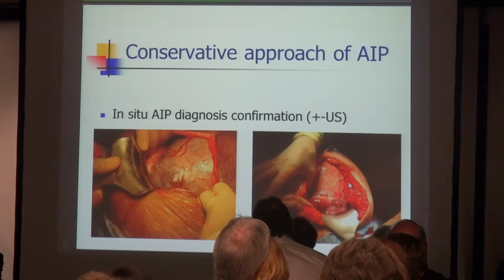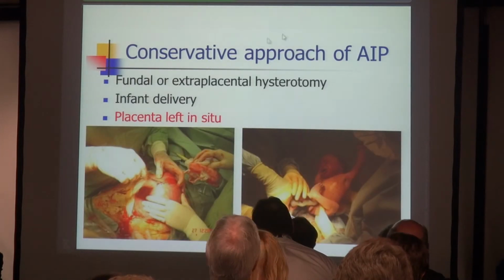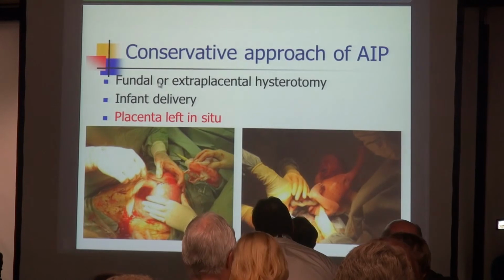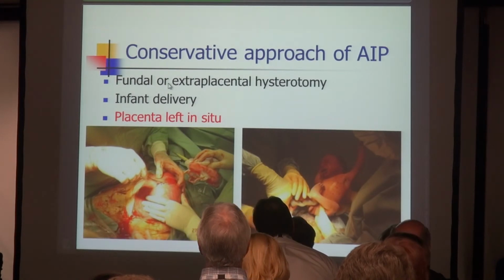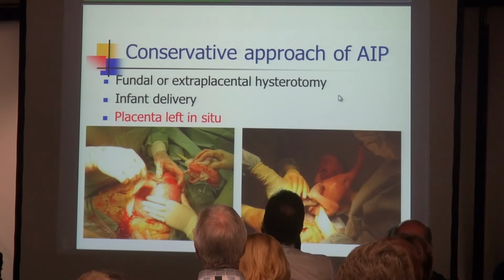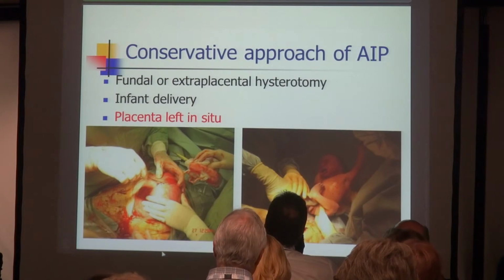This is very important in cases where the placenta is not percreta and you don't see it. After this ultrasound check, we generally do a fundal or at least extraplacental hysterotomy to deliver the infant, and we leave the placenta in situ.